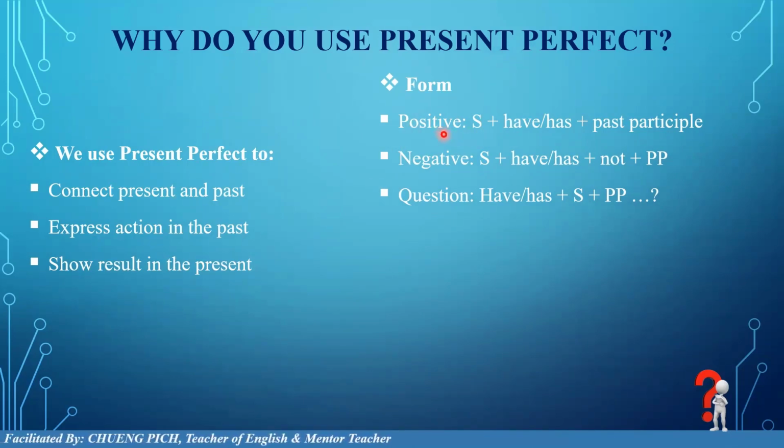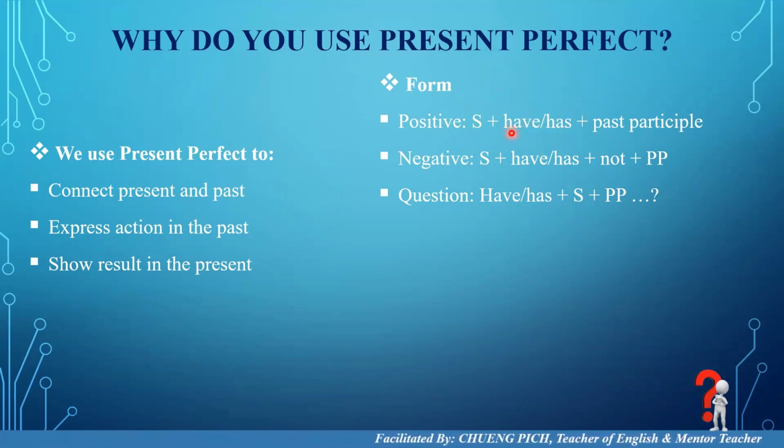This is the form, positive form. We have subject, S stands for subject, plus have or has according to the subject. Like I, you, we, they, we use with have, and he, she, it, we use with has, and a singular subject, we use with has, a plural subject, we use with have as well. All right, then past participle.